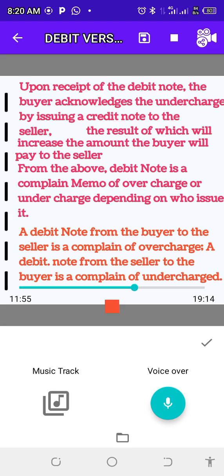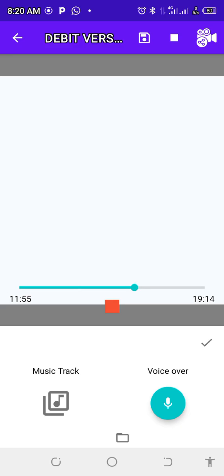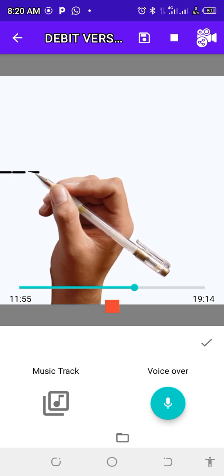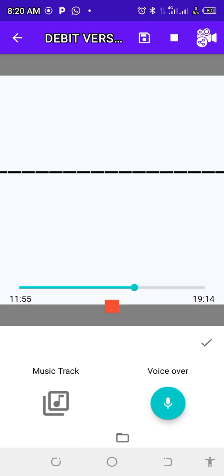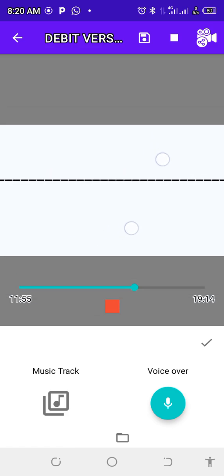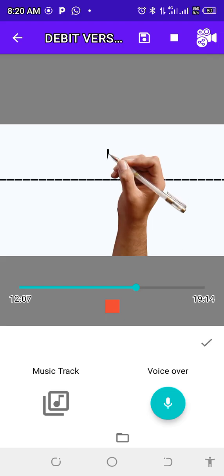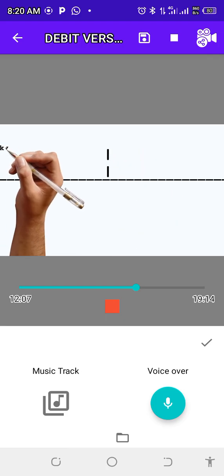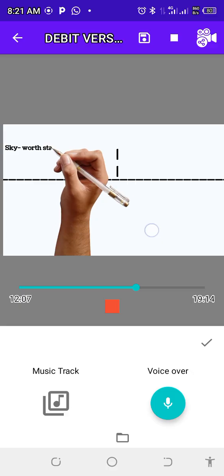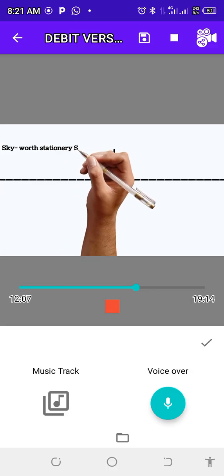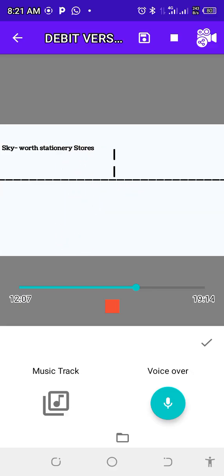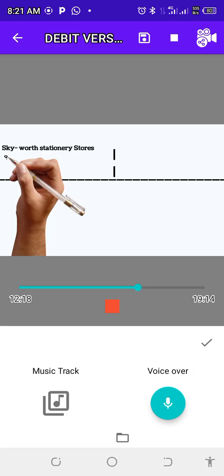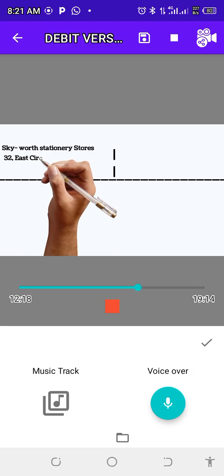Skyward Stationery Store bought a Sanyo radio, and when he got home and tested it, he discovered that the Sanyo radio was defective, and he decided to return it. And when he returned the Sanyo radio, he issued a debit note to the seller, Skyward Venture.